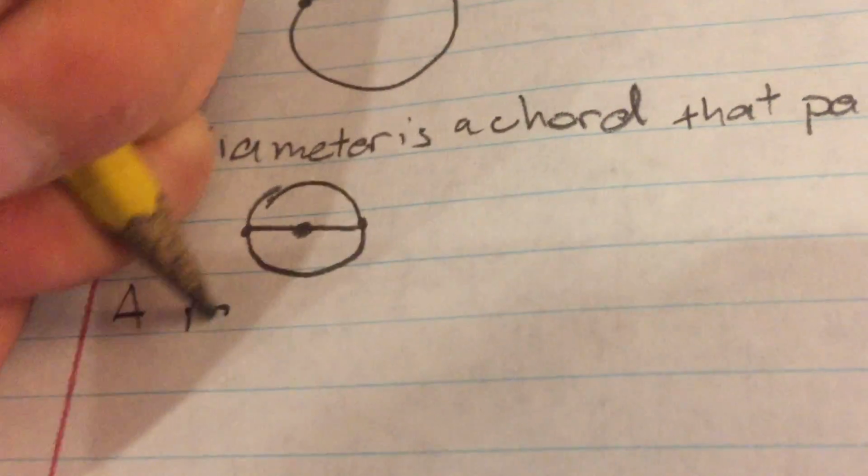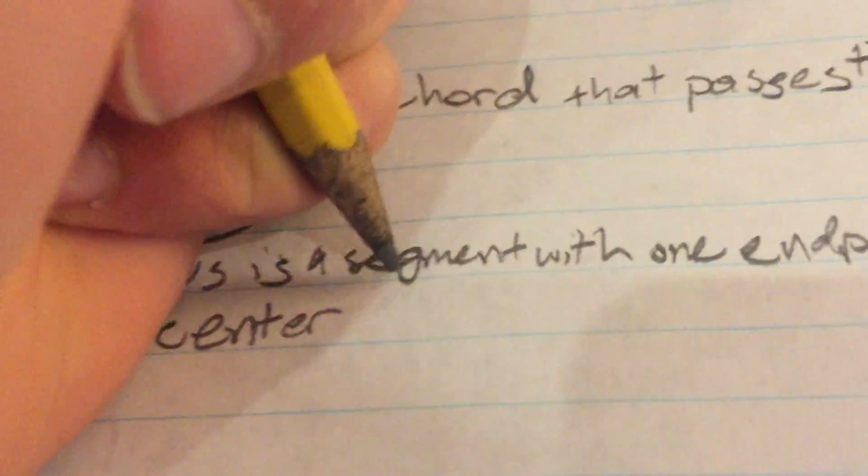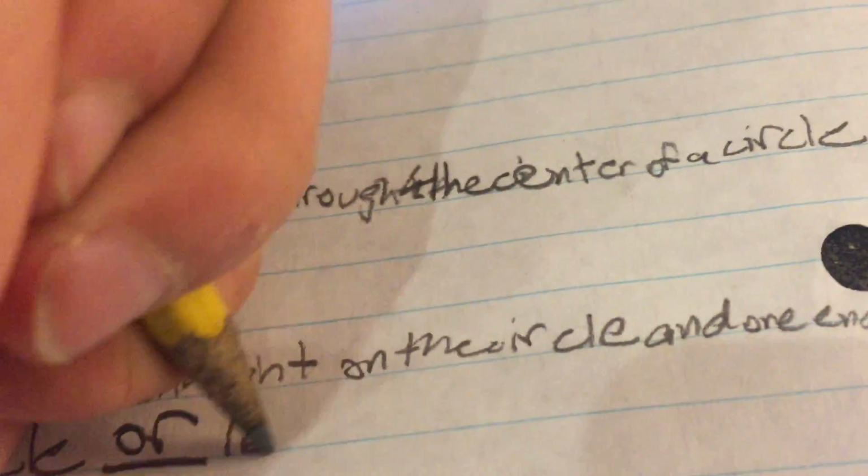Now, a radius is a segment with one endpoint on the circle and one endpoint at the center of the circle, or the length of the segment.